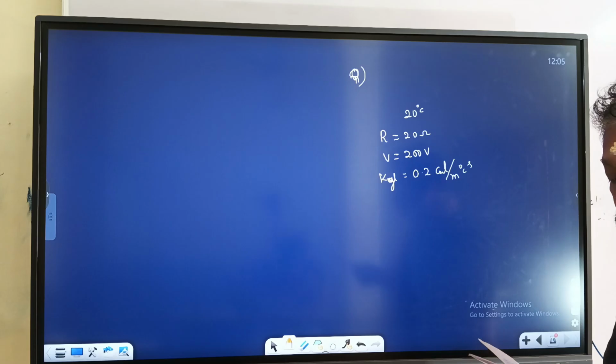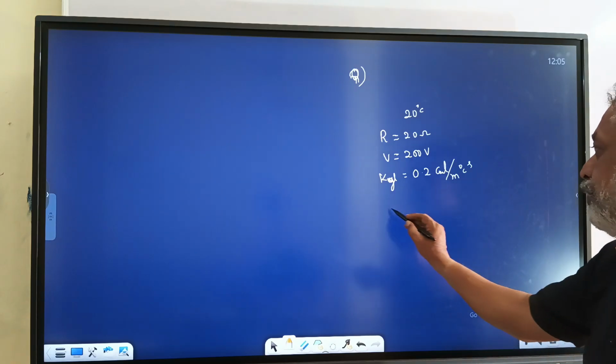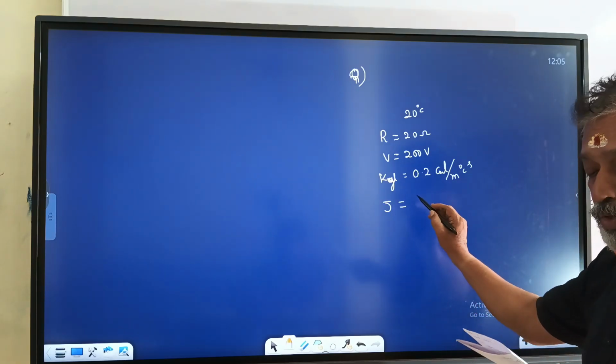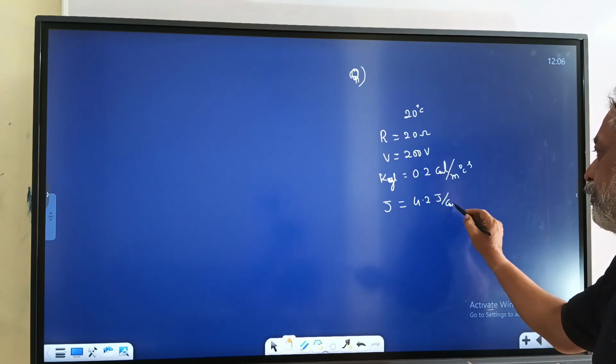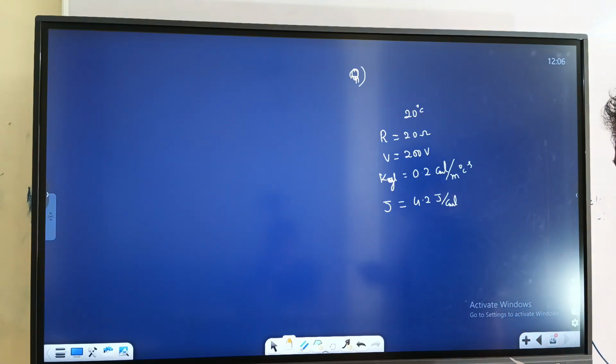And they are given J value, J is equal to 4.2 joule per calorie.